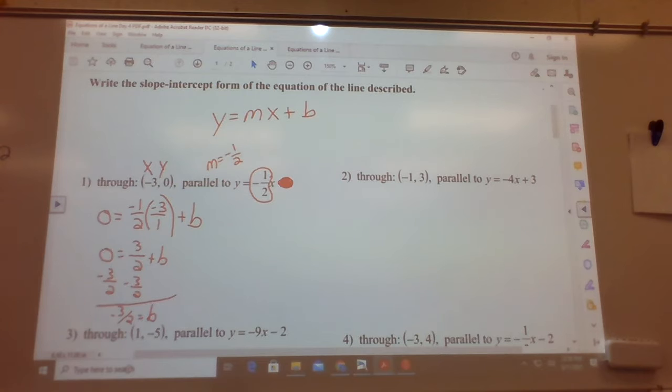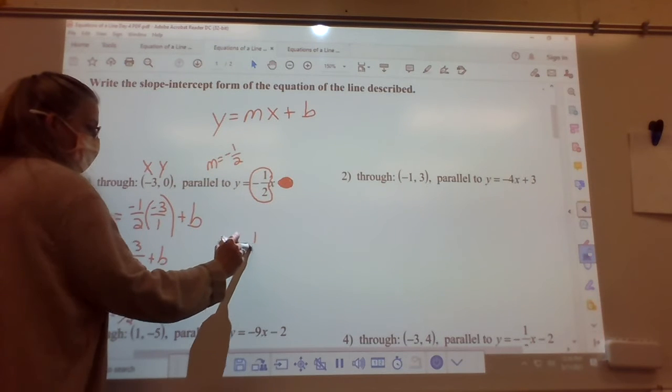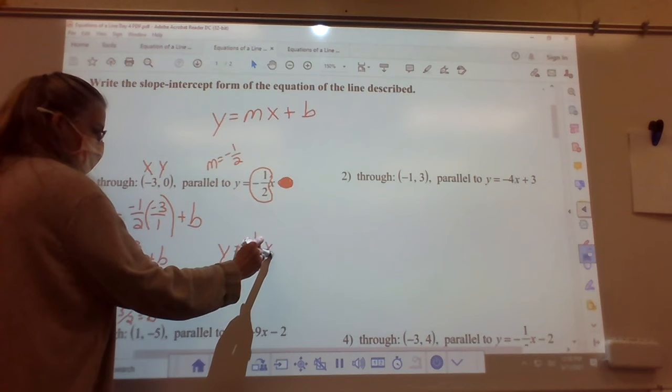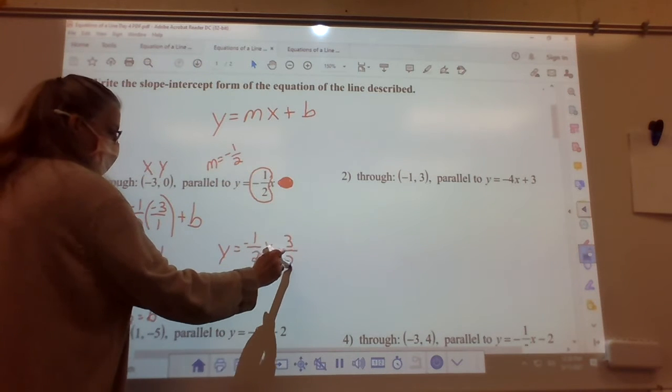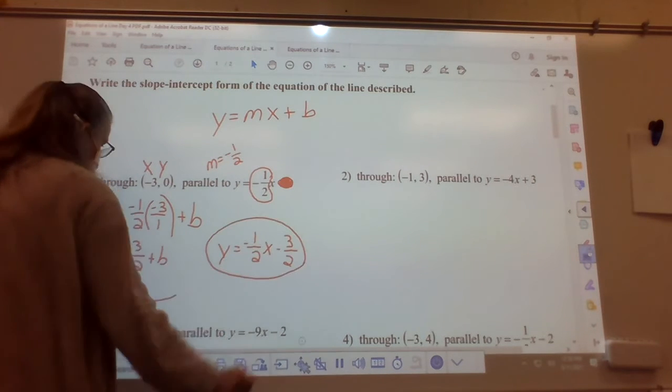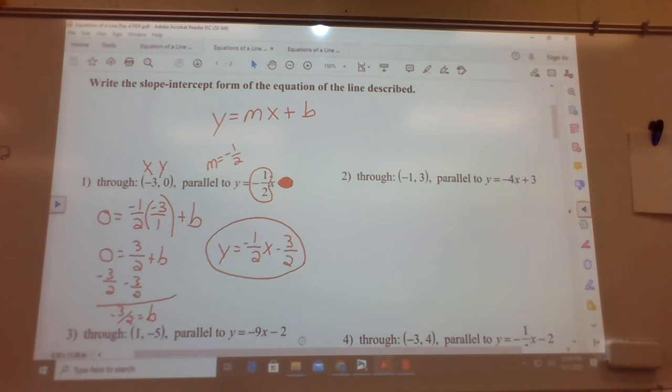Now your final thing is just to write your equation again. Y equals -1/2 x minus 3/2. That's my final answer. On the quiz, everything's going to be worth 2 points. And basically, the further you get in the question, the more points you'll get.